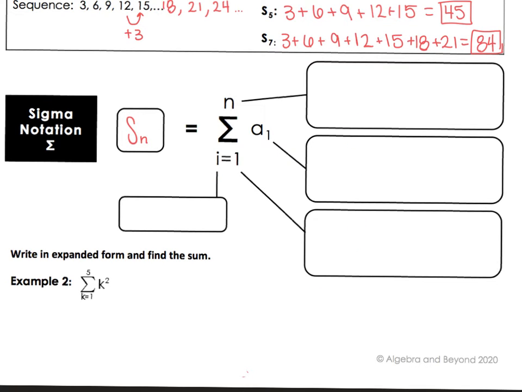So we're going to start here with this I. I stands for your index. Essentially that's just the variable we're working with. The next thing that we have a line pointed to is this one, and this one's going to be called our lower limit. And our lower limit is going to be our first term number.